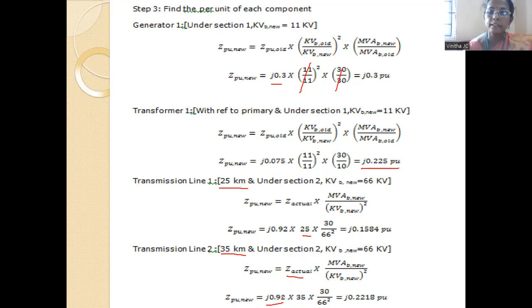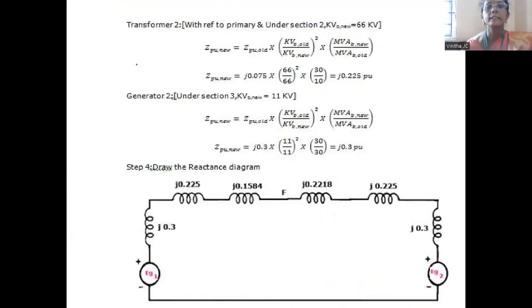Then the distance is 35 kilometers. So if you calculate, you will get the answer j0.2218 per unit. Now, for the next transformer T2, we use the same procedure to calculate the per unit reactance of transformer 2 as well as generator 2.